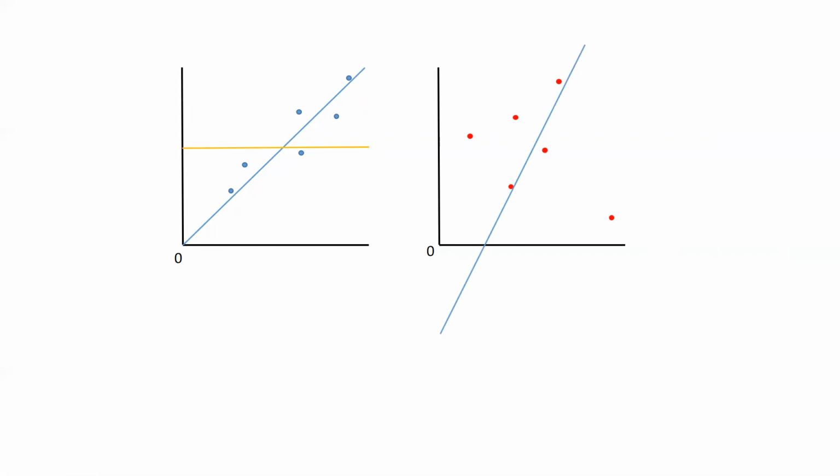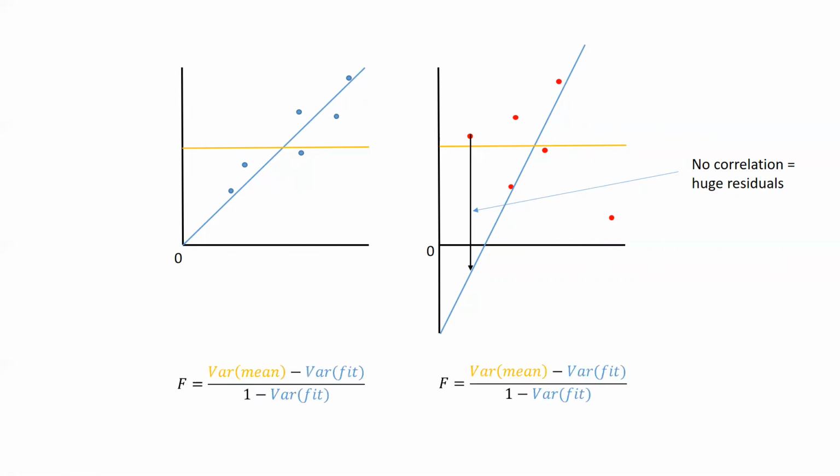In this random sample, which you would expect not to be as correlated as our sample on the left, you can see that we have large residuals. Again, this might consist of patients with heart disease only, so you can maybe see a correlation. However, when you take random samples, data isn't as correlated as you would expect. That's our hypothesis. But we can compute F for both of these samples.